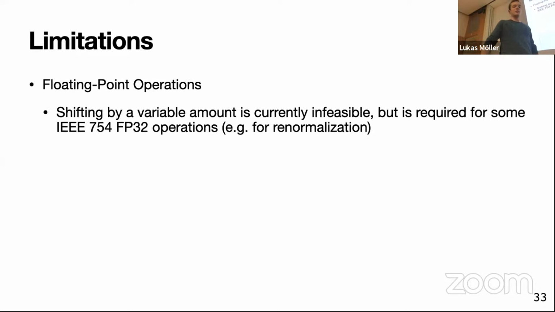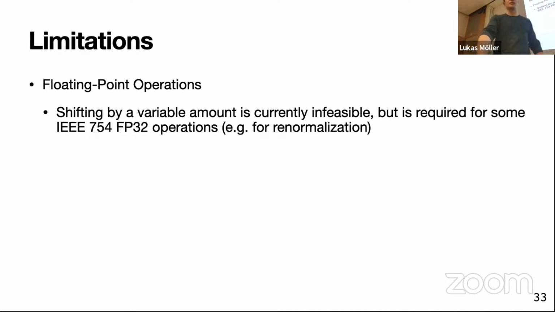Right. The paper itself already mentions some limitations, which I want to go over really quickly. It can't really do floating point operations because for those we need variable shifts. So for example, we could shift all of the data 3 bits to the left, but what we couldn't do is shift the 3rd element by 3 and the 5th element by 6.